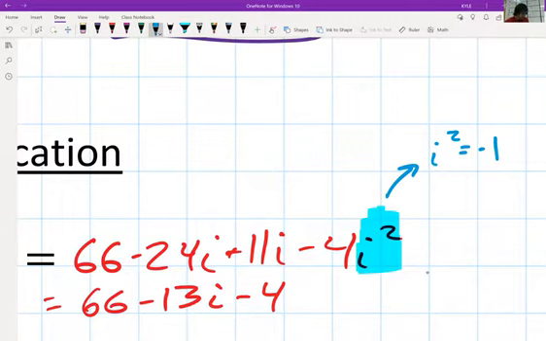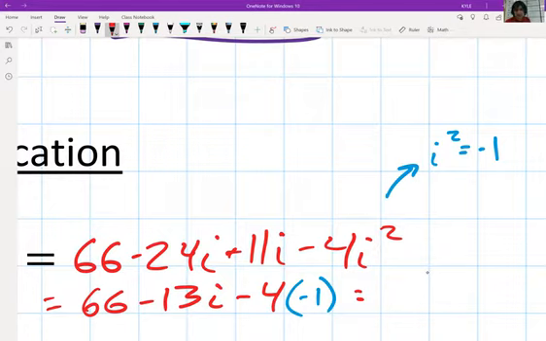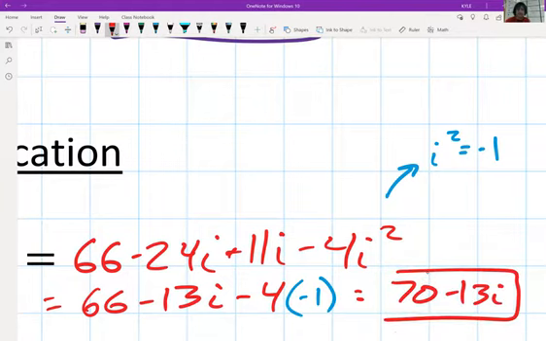So really, right here, when we have minus 4i squared, we have minus 4 times -1. And so we have 66 minus 13i, and then a plus 4, that minus, and then you multiply -4 minus the -4. So 70 minus 13i is where this one ends up.